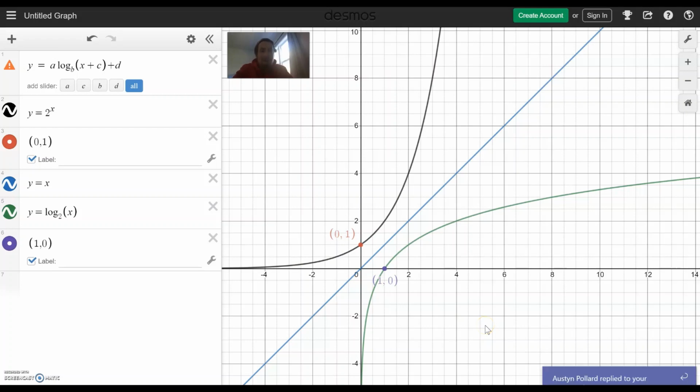So hopefully we're developing an understanding. So the approaches, or the methods that we used for exponential graphs, about finding the asymptote and then using the asymptote to add 1 to identify the reference point, and then to figure out how much the reference point was moved left or right.